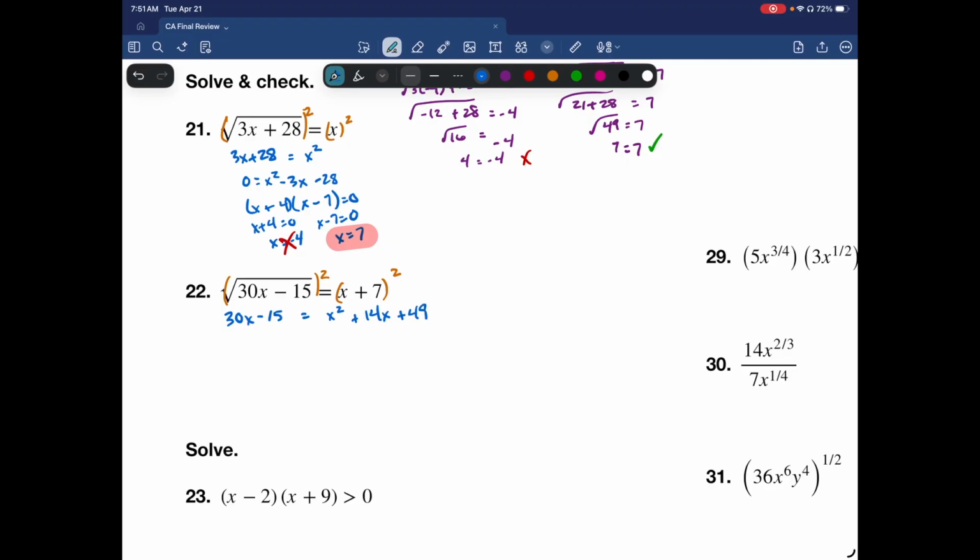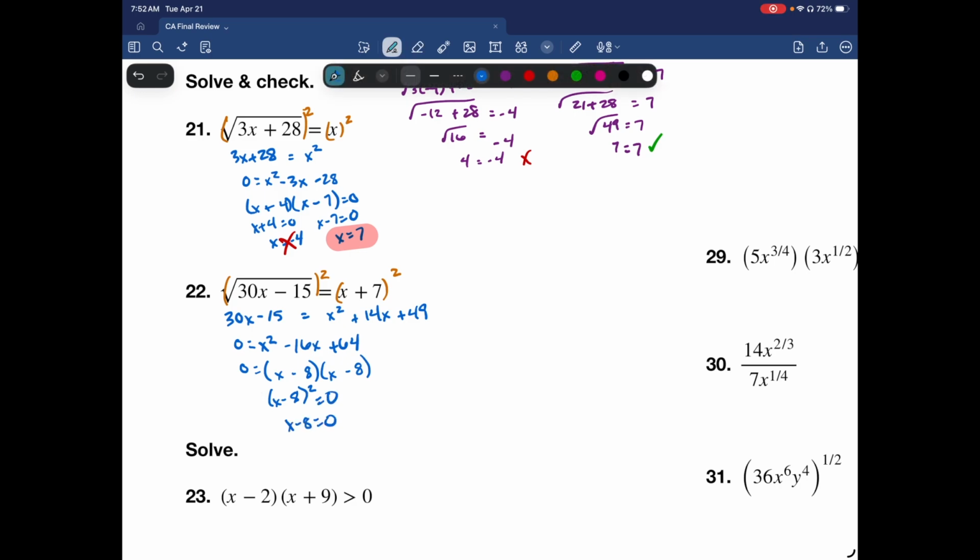So you've got 0 equals x squared, 14 minus 30 is negative 16x, and 49 plus 15 is 64. So 0 equals x minus 8 times x minus 8, which is x minus 8 all squared, equals 0.